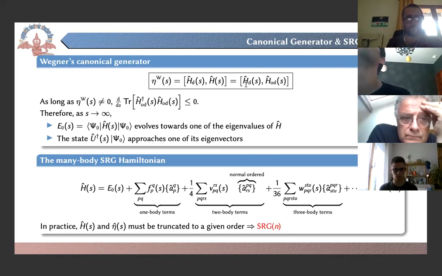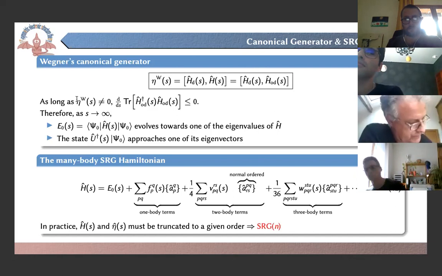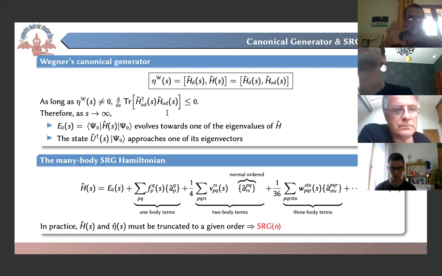Okay, and actually you can show that as long as this generator is not zero, the derivative of the trace of this operator is going to decrease. So basically, as S goes to infinity, you're going to decompose more and more.